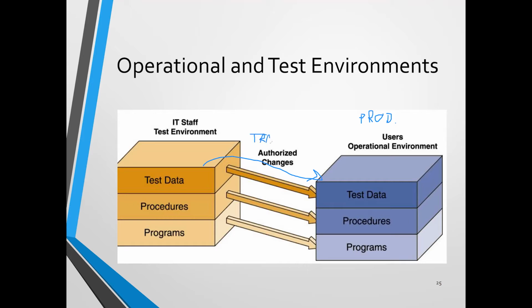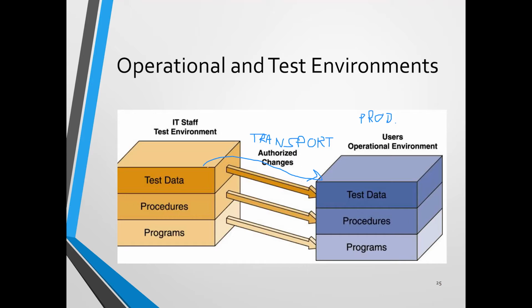Transport is the way that you port or copy this data, these procedures or programs, from one server to another server. Normally transport here means we transport from the test or development environment to production. That's why we need the authorization.